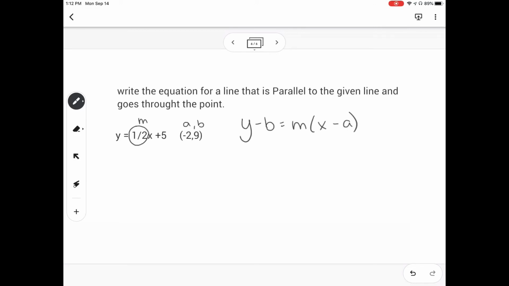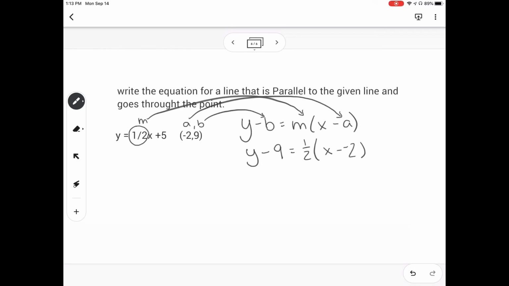So we take the formula and we plug them in. b goes to b, so y minus 9 first. m goes to the m, so 1/2 in front of the parentheses. And a goes to a, so negative 2 goes after x minus. When you have x minus minus, you actually have plus.